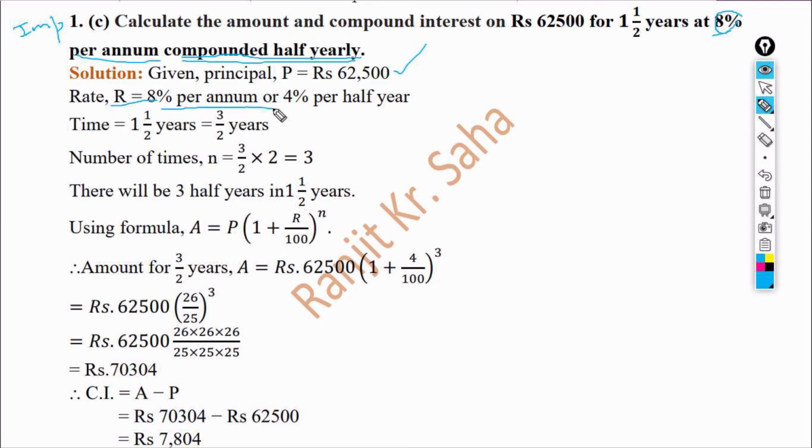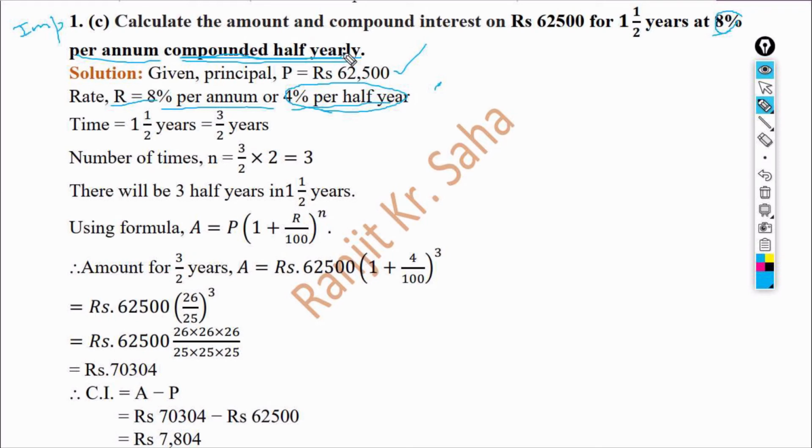Now just convert: 8 divided by 2 is 4% half yearly. Why have we calculated this 4% half yearly? Because it is compounded half yearly.